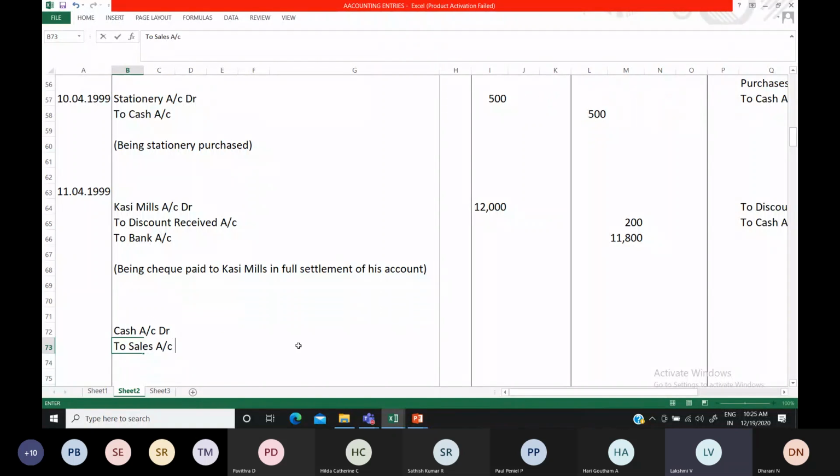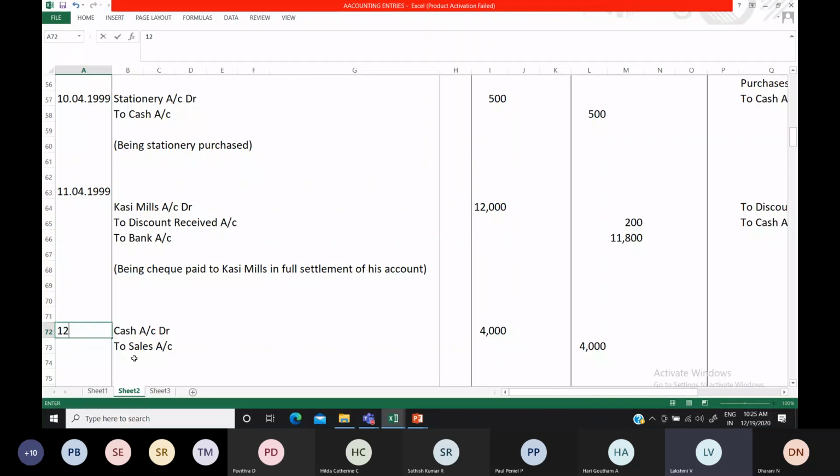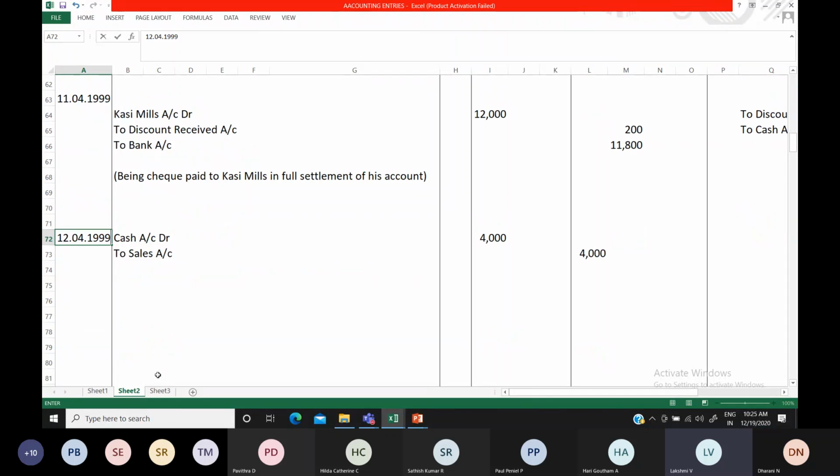So this will be our entry and the amount is 4,000 in debit and credit with the same amount, and the date, whichever date is given here, 12th, that date has to be given here also: 12/04/1999. Okay, so this is our entry.